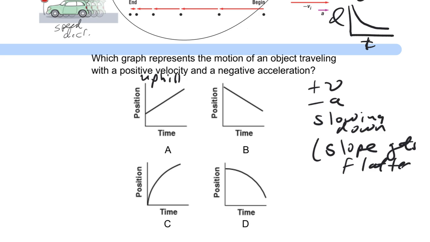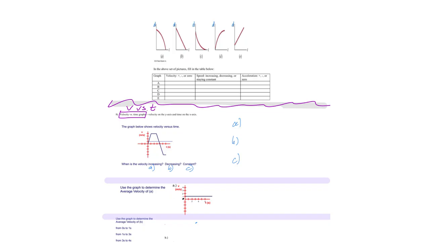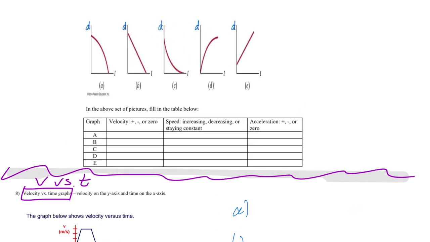So positive velocity has to be going uphill. And it has to be getting slower, so the slope has to be getting flatter. This is the answer. Okay, you can see it's getting flatter, and it's going uphill. Okay, this one.